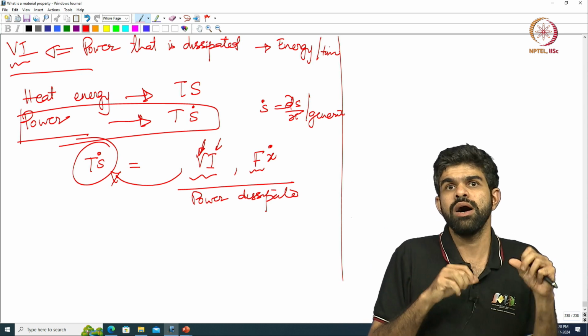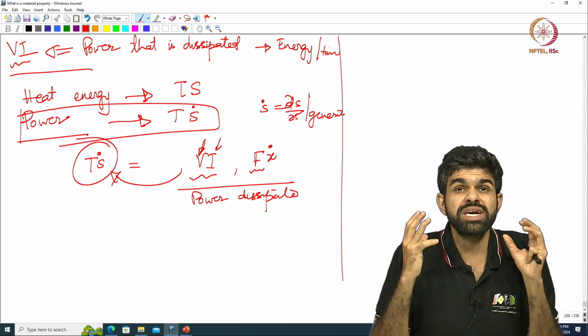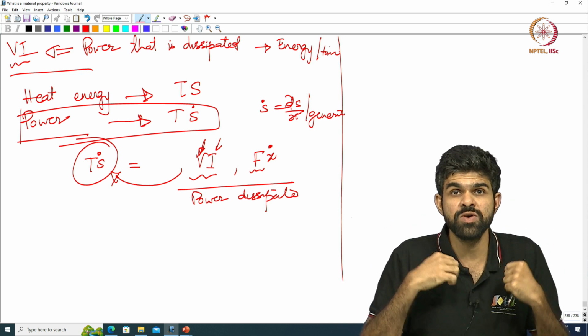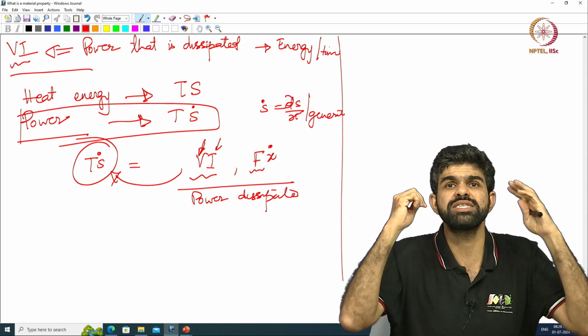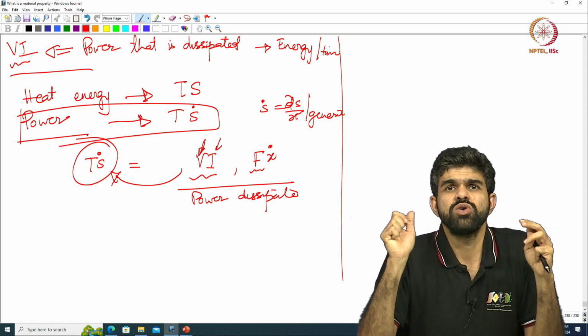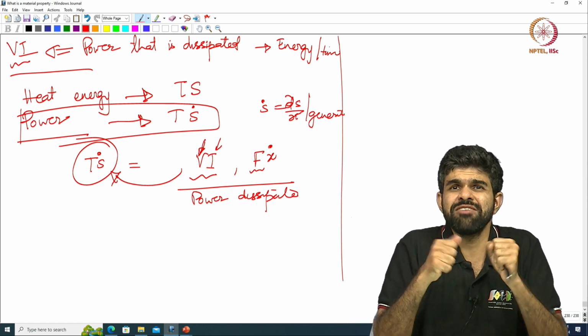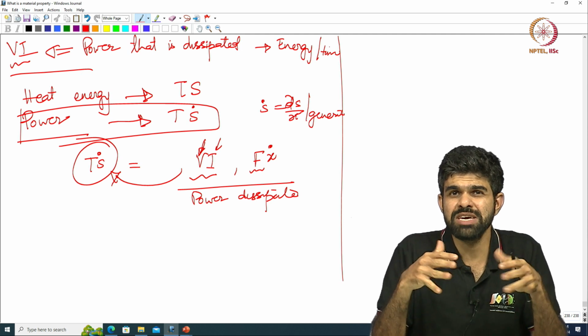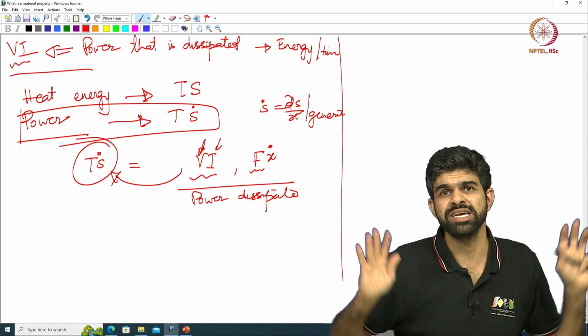So you cannot extract all the heat into work; some of it is just dissipated. My things just heat up, they vibrate, all these bonds vibrate, and in vibration I am letting the energy go.